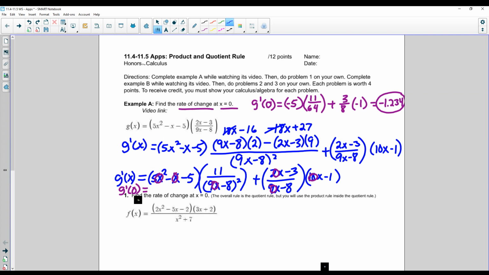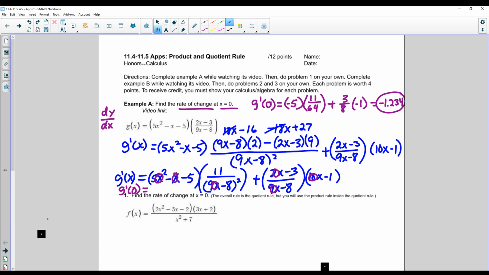So I did the derivative, put 0 into the derivative. There's my rate of change at 0. And a good way to check this, by the way, to make sure you're doing them right: you can put this original equation, this g of x, into your calculator, go to second calculate, and do dy over dx, which is the change in y over change in x, the derivative.